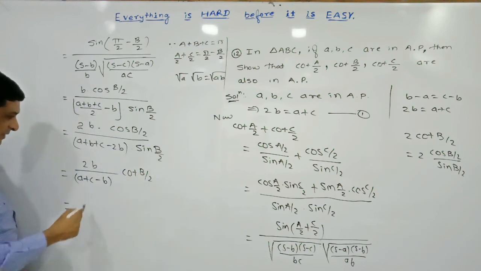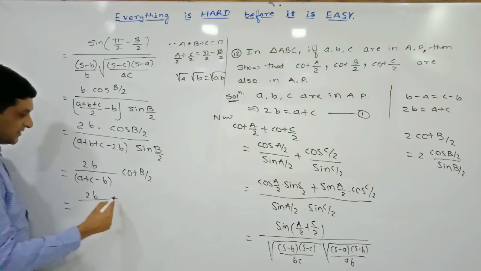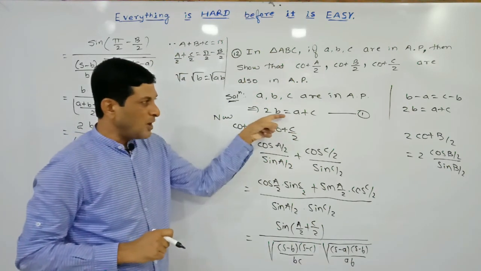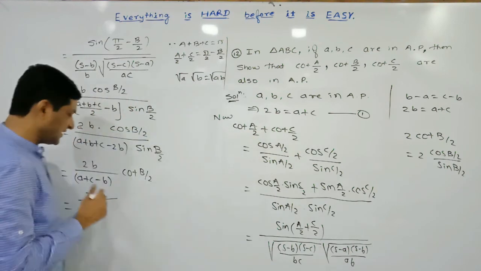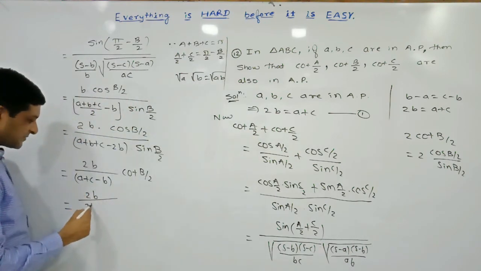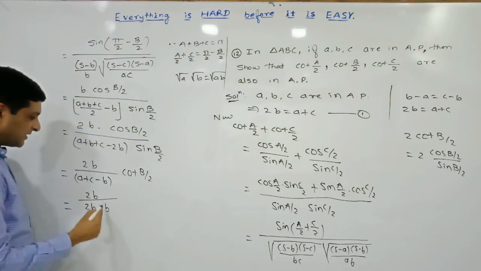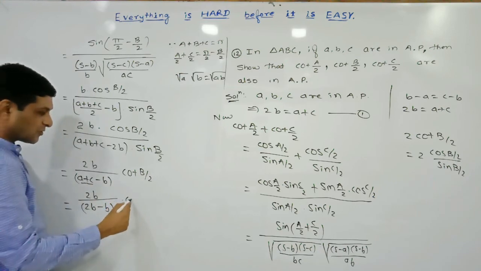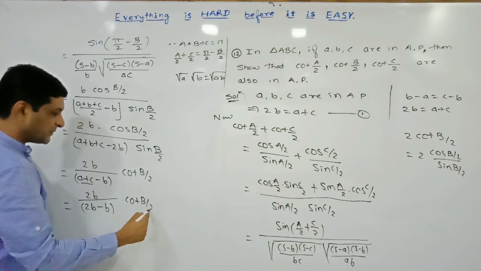So this is equal to 2b, keep it as it is, in the denominator a plus c. A plus c can be replaced by what? 2b, from which equation? First. So this a plus c can be replaced by 2b minus b, keep it as it is. Just simply we are replacing a plus c by 2b into cot B by 2, keep it as it is.